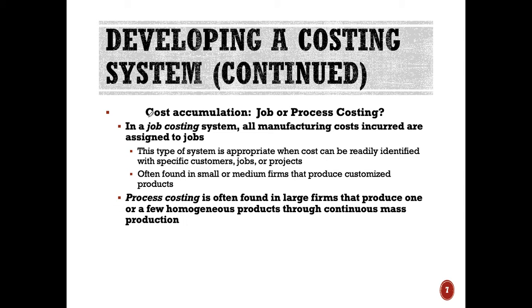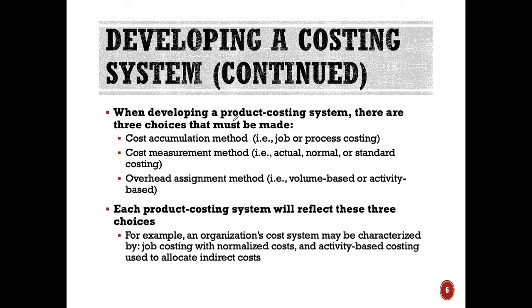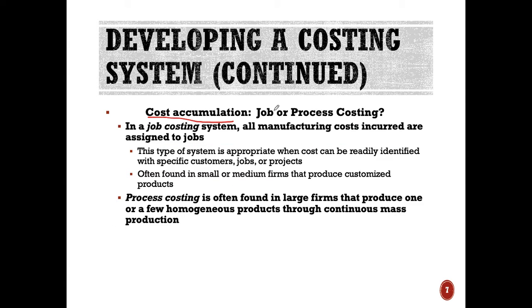We'll continue with cost accumulation: job or process costing. Now, in a job costing system, all manufacturing costs incurred are assigned to a job.